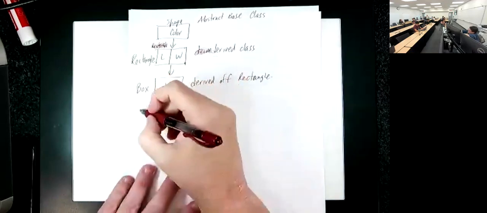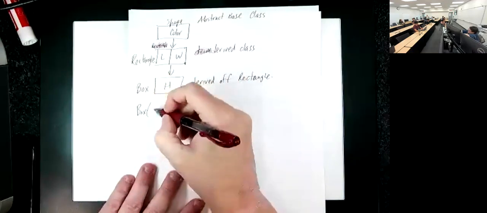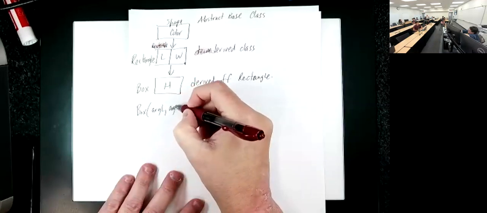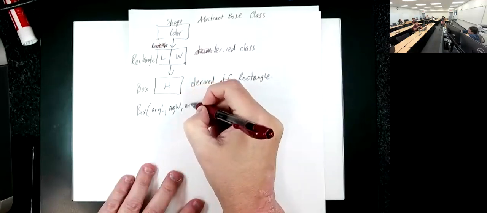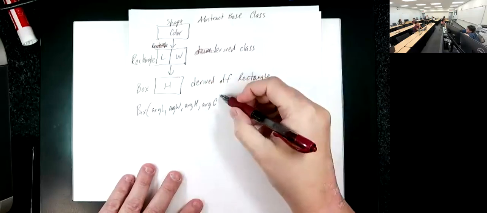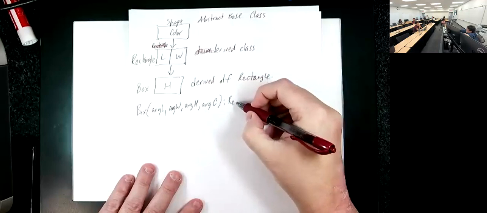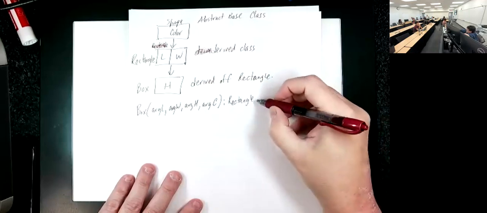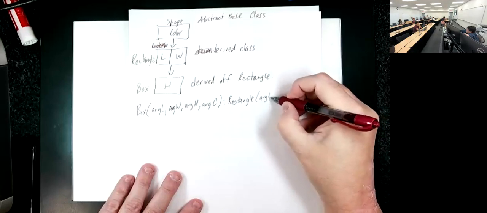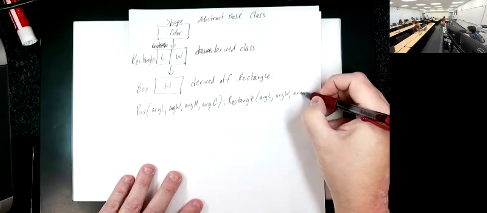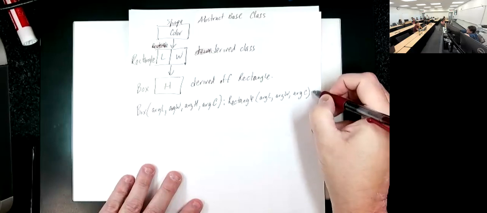But when we did the box, arg-L, arg-W, arg-C, there's an arg-H in there. And we passed arg-L, arg-W, arg-C in our constructor.